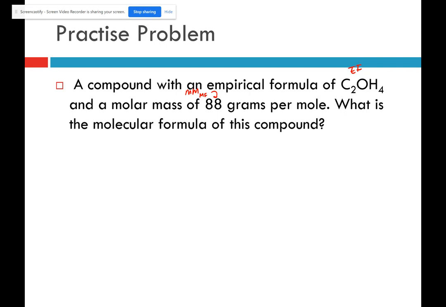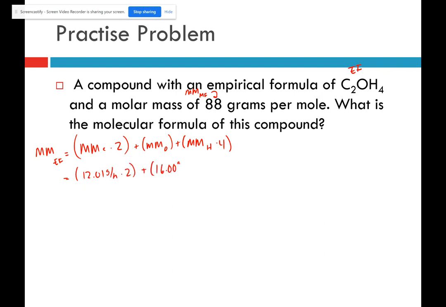First thing we need to do, like we did before, is figure out the molar mass of our empirical formula. So this is going to be the molar mass of carbon times 2, plus the molar mass of oxygen, plus the molar mass of hydrogen times 4. That's going to give me 12.01 grams per mole times 2, plus 16 grams per mole, and 1.01 grams per mole times 4.